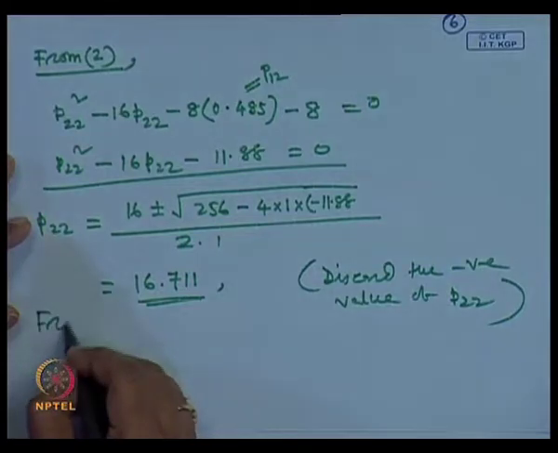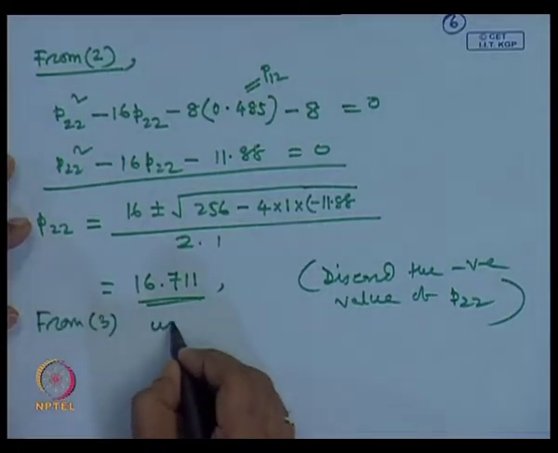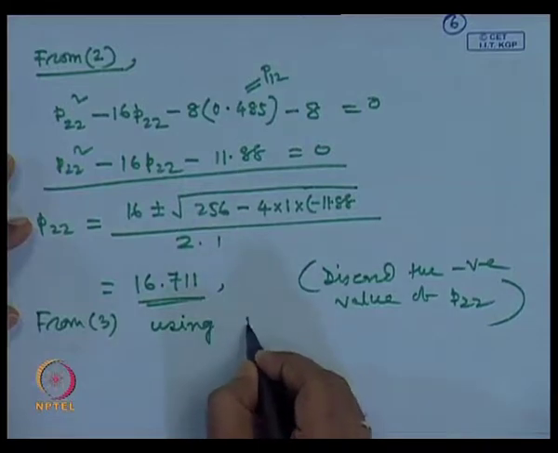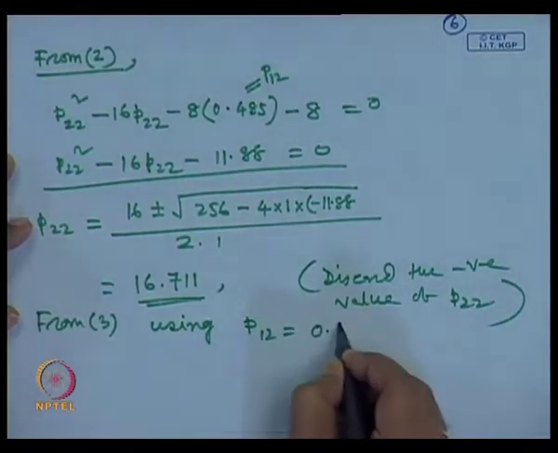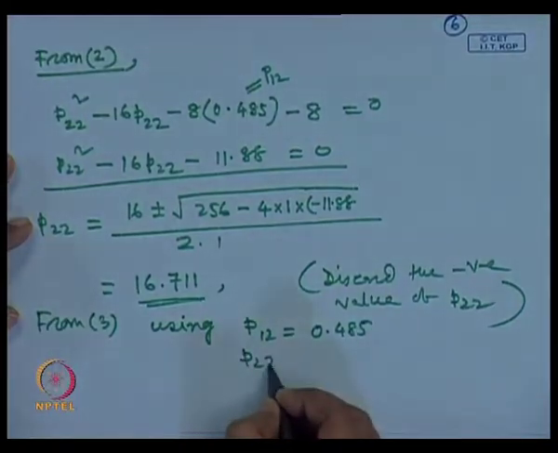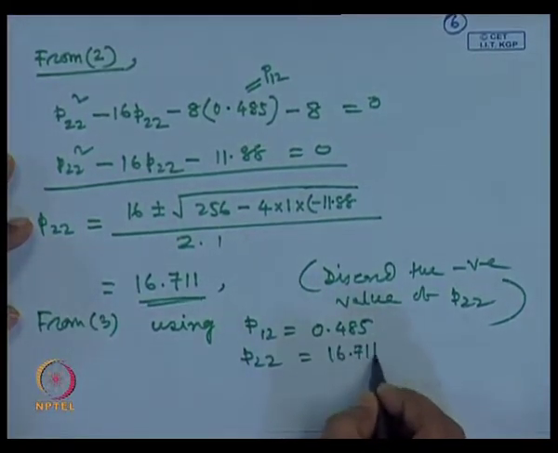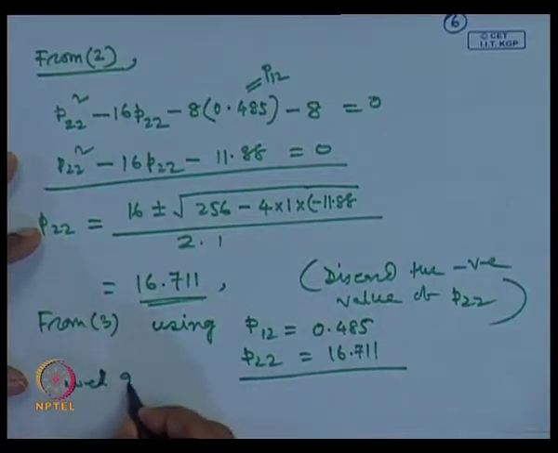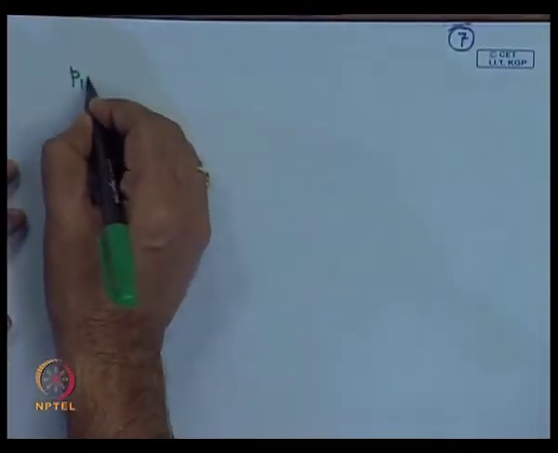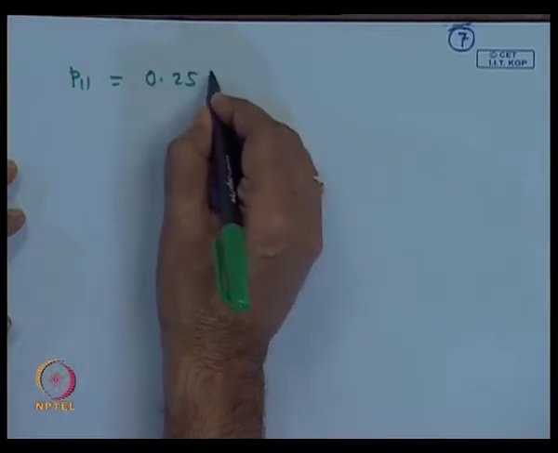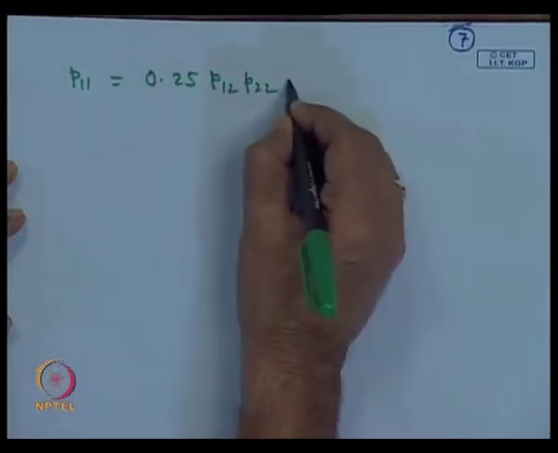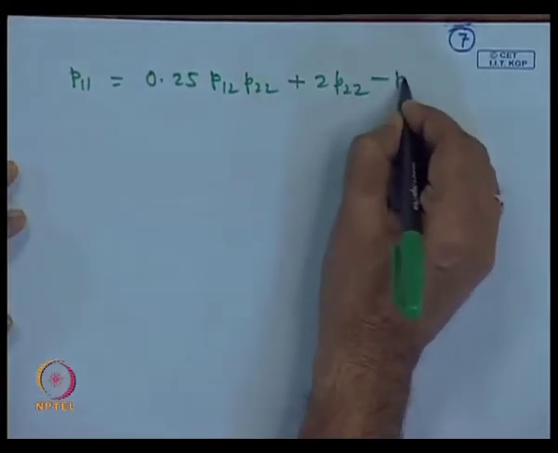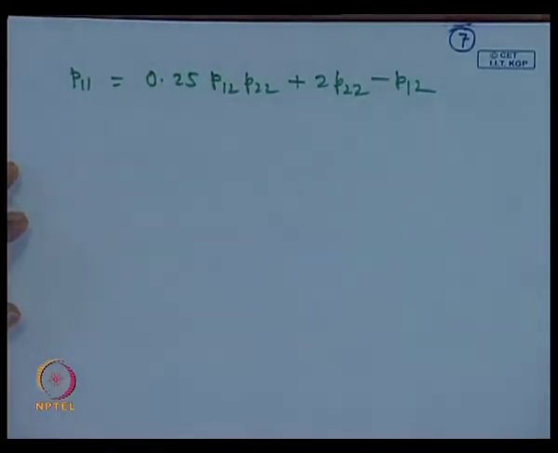So, from equation 3, using P12 equal to 0.485 and P22 equal to 16.711, we get P11 equal to 0.25 P12 P22 plus 2 P22 minus P12, that is equation number 3.